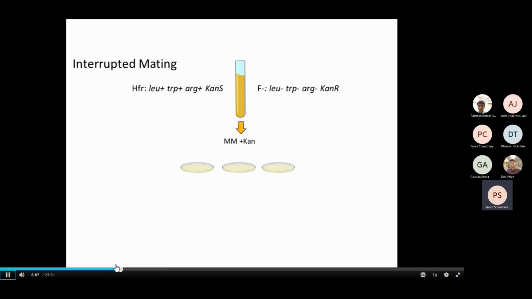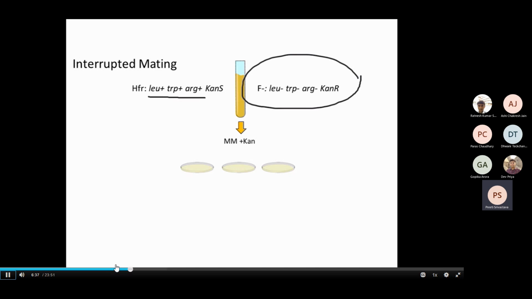The first thing we want to do in our interrupted mating experiment when we plate these cells out is to select for F- cells, because these are the ones that are going to be receiving DNA through conjugation. And it is the time in which the DNA segments from the HFR enter the F- cells that informs how we are able to order the genes relative to the fertility factor origin.